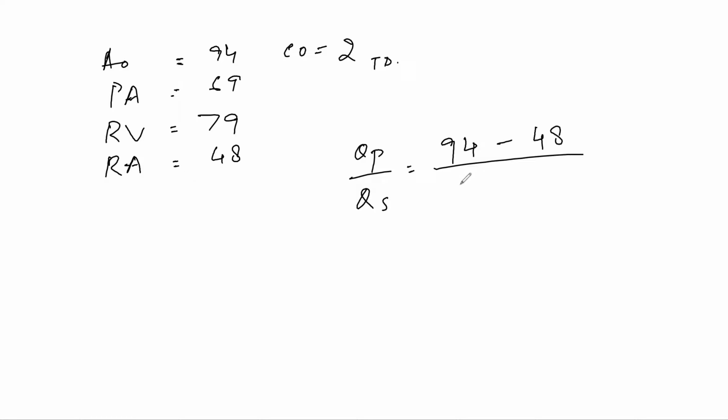Divided by 94 minus 69, 16. Okay. Is equal to, that's exact values of this patient. So who is going to do the mathematics here? I think it's 1.84. It's 46 over 25. Good. It was 1.84. Very good.